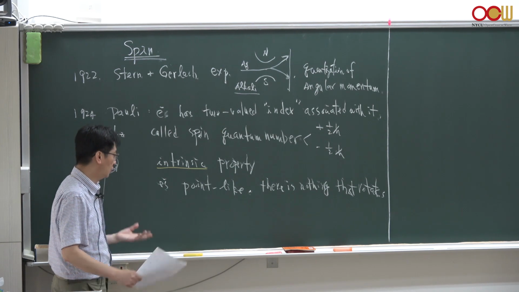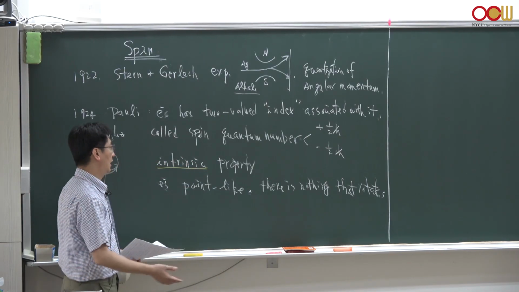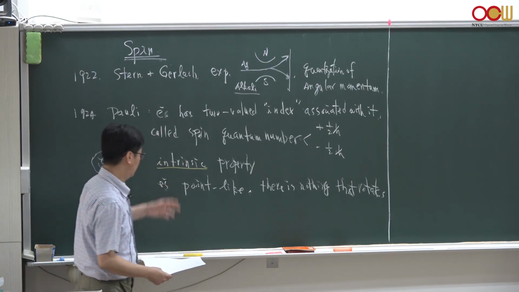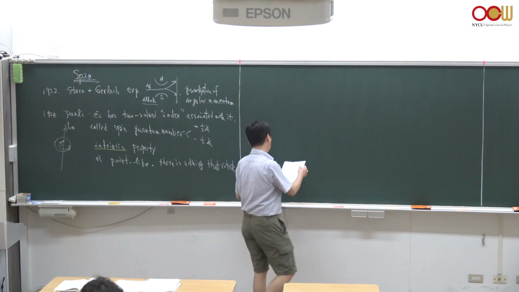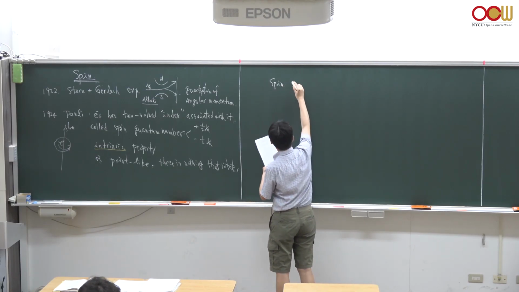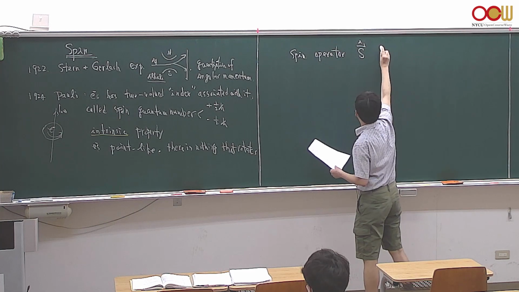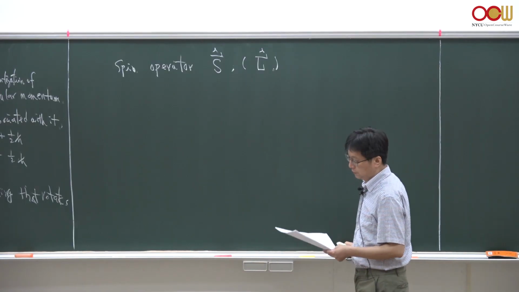As a result, we should consider the angular momentum of electrons as an intrinsic property of electrons, and they carry two possible values. Therefore, we have a spin operator, just like the orbital angular momentum that we studied before.